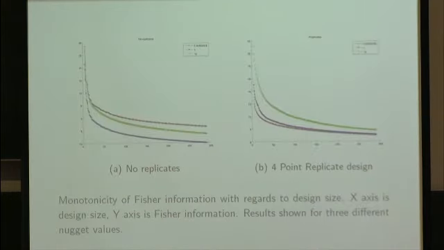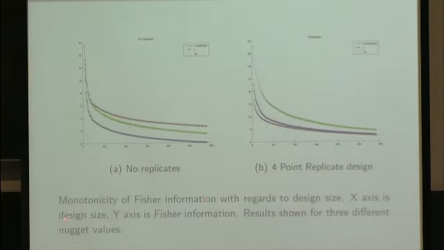Okay, so we saw previously that the monotonicity of the Fisher information was broken. So what this tells us is, strictly speaking, in the general space, it's not actually a valid design criterion. So we look at two types of monotonicity now, trying to drill down. Basically what we have here is a set of designs without replicates and a set of designs with a lot of replicates, and we increase the design size.